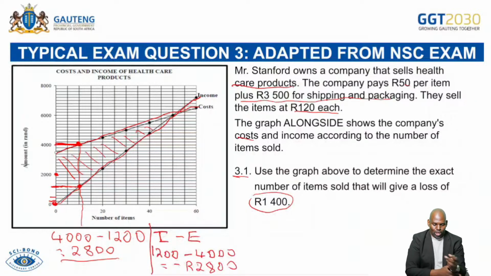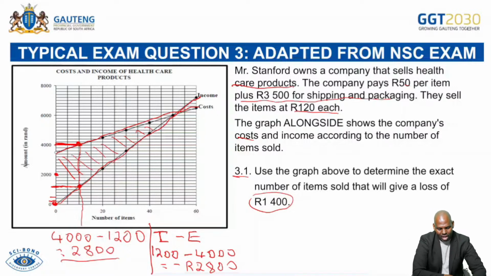But look at this. If I count the number of blocks, starting from this one, 1, 2, 3, 4, 5, 6, 7, 8, 9, 10, 11, 12, 13, 14. From this point to that point, counting the blocks going up, I get 14. But remember, each block is 200.